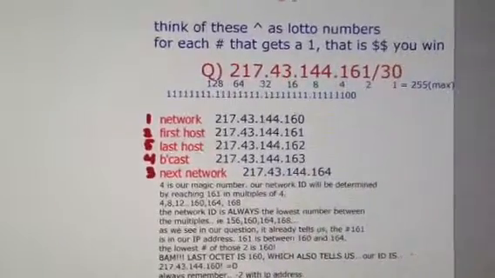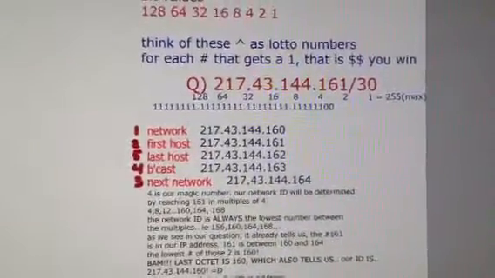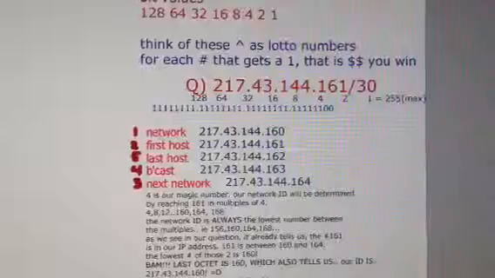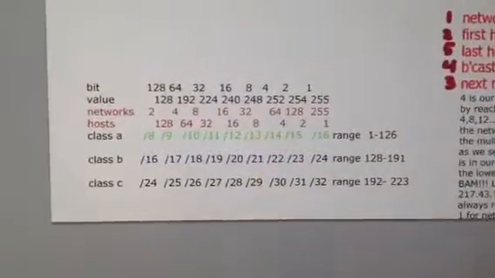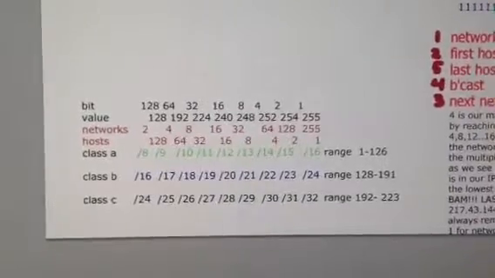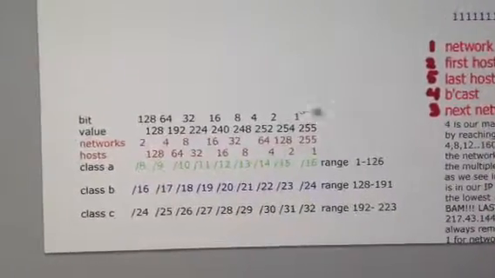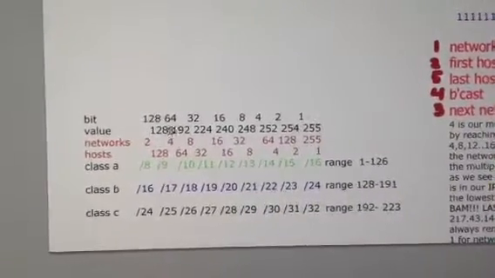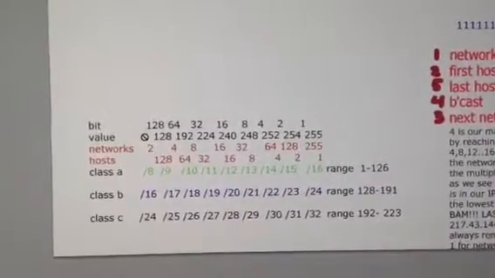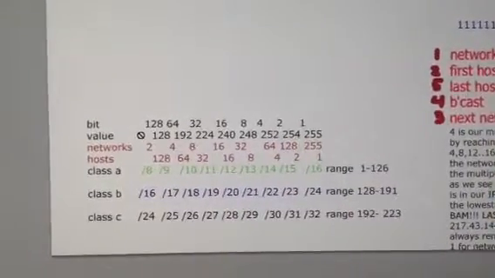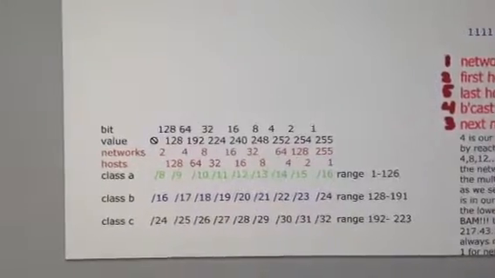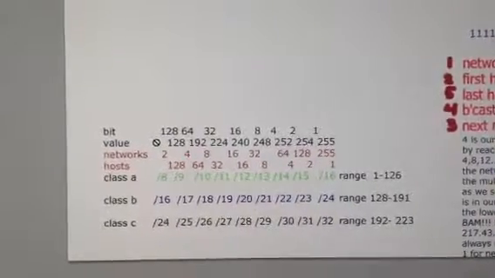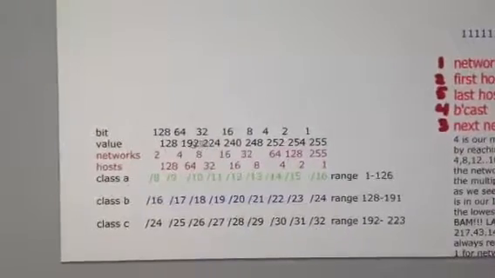As a little bonus, I will show you a happy little table that I've devised to help you out in future problems. I call this my magic table. It gives us, again, the bit values right here. This is the dot notation value. For instance, let's say you see a subnet mask that says 255.255.255.192.